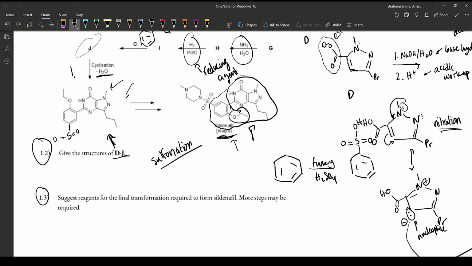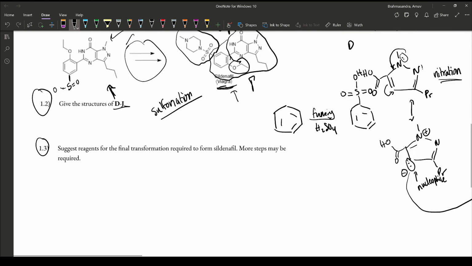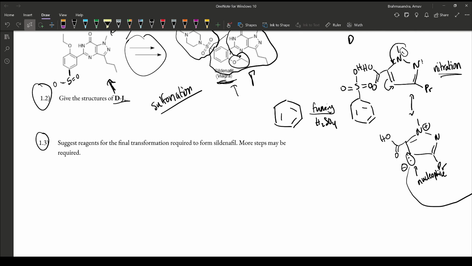And this looks pretty similar to the same backbone as the thing in the actual question. So how about we try first doing a sulfonation step?